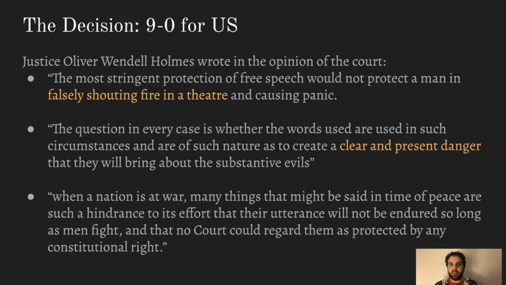And it is within the government's legitimate use of its powers to restrict such obviously dangerous expression, particularly during wartime. He wrote, "When a nation is at war, many things that might be said in times of peace are such a hindrance to its effort that their utterance will not be endured so long as men fight, and that no court could regard them as protected by any constitutional right."